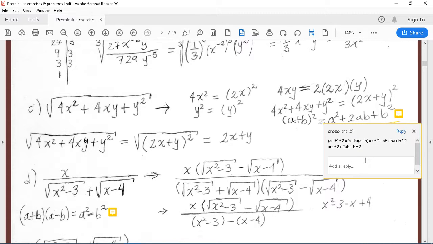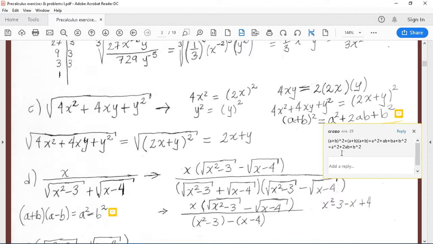So we have a squared plus ab and ba are the same thing, so that means that ab plus ba is 2ab, and we finally have b squared here. So a plus b squared equals a squared plus 2ab plus b squared.